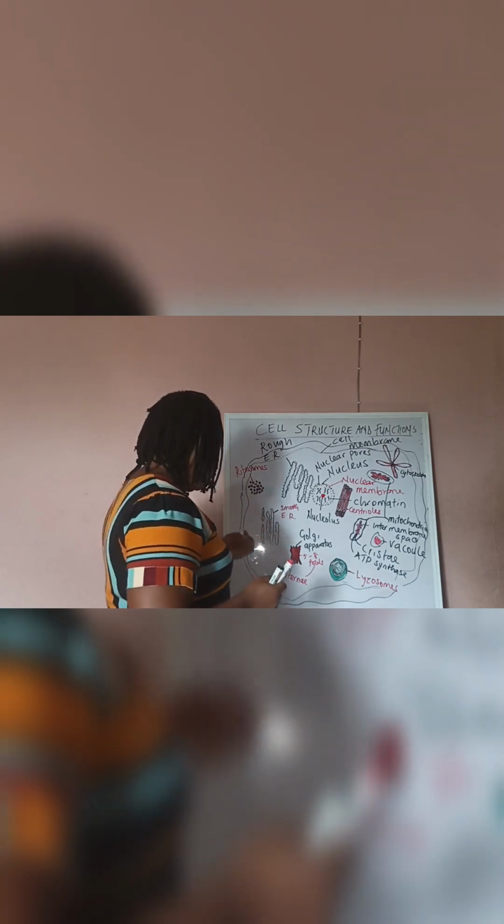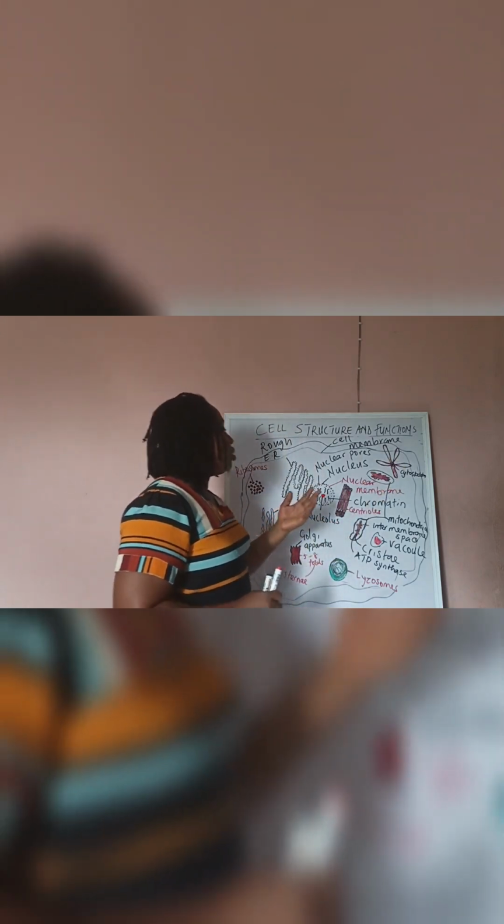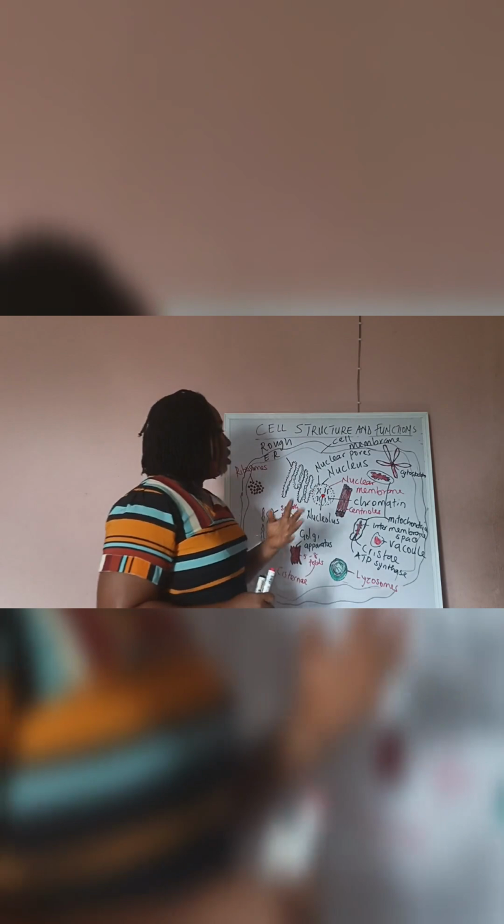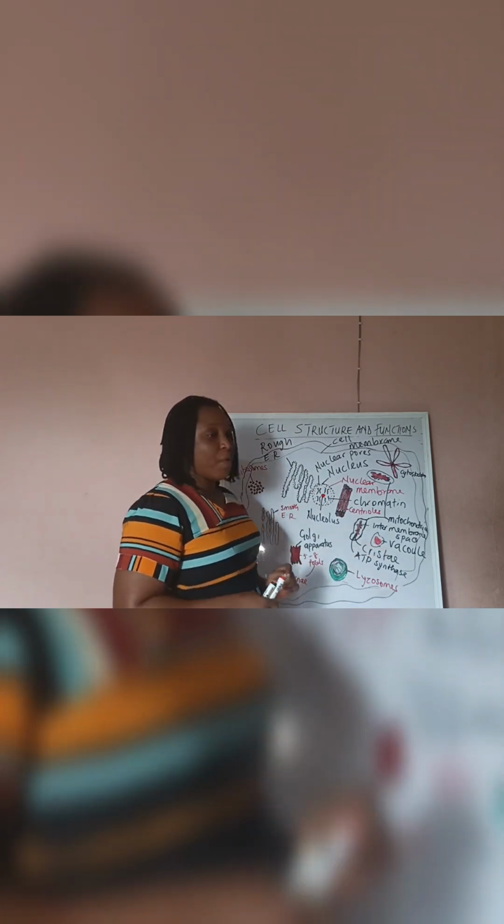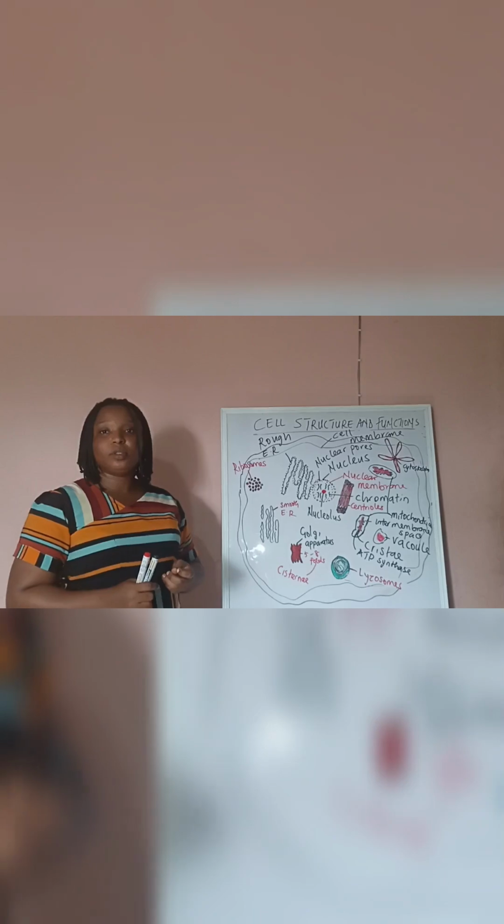These cytoskeleton are very important in the cell because they give shape to the cell, and they also provide support for the cell. This helps in the formation of vacuole also. So this cytoskeleton helps in the formation of the vacuole that we have talked about earlier. They also play a role in cell signaling.